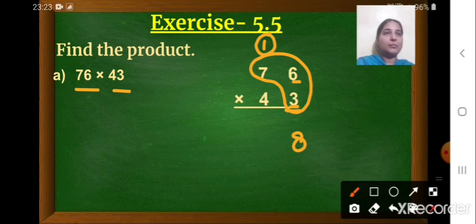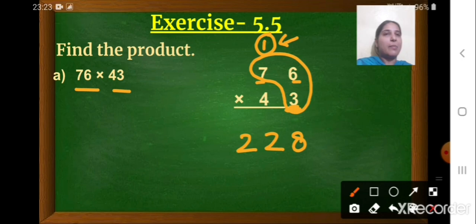Now we will multiply the digit at the tens place of the multiplicand by this 3. Now 7 3s are 21, plus this 1 added to 21, it will be 22. Okay. So children, here we have multiplied the multiplicand by the digit at the ones place of the multiplier.